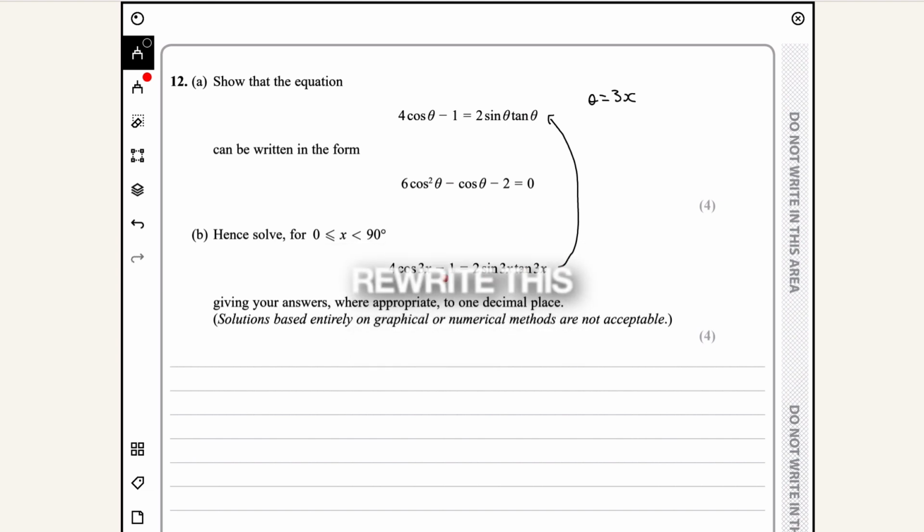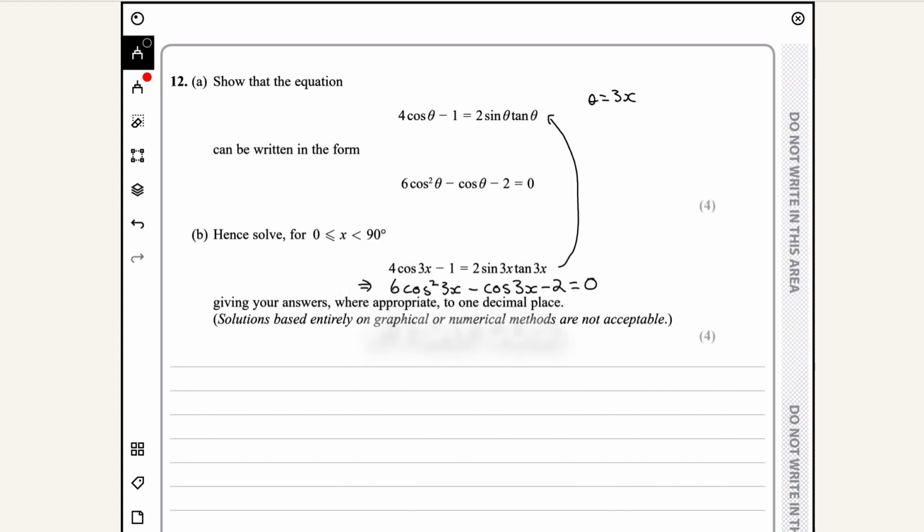So I could rewrite it as this. It would be 6 cos squared 3x, because theta is 3x, minus cos 3x minus 2 equals 0.